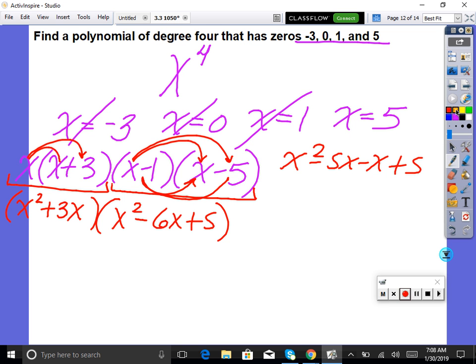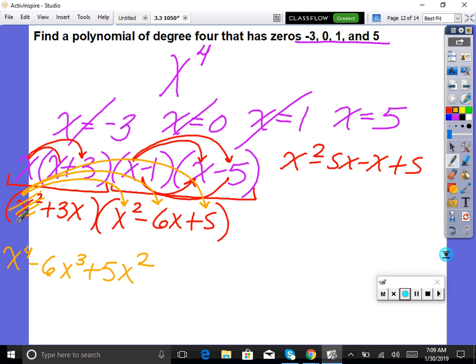And now we're going to be able to multiply all those together by triple distribution, basically. X squared times x squared is x to the 4th. X squared times negative 6x is negative 6x cubed. Notice I draw my arrows as I go. X squared times positive 5 is positive 5x squared. And then watch what I do. I've distributed x squared through to all this stuff, haven't I?